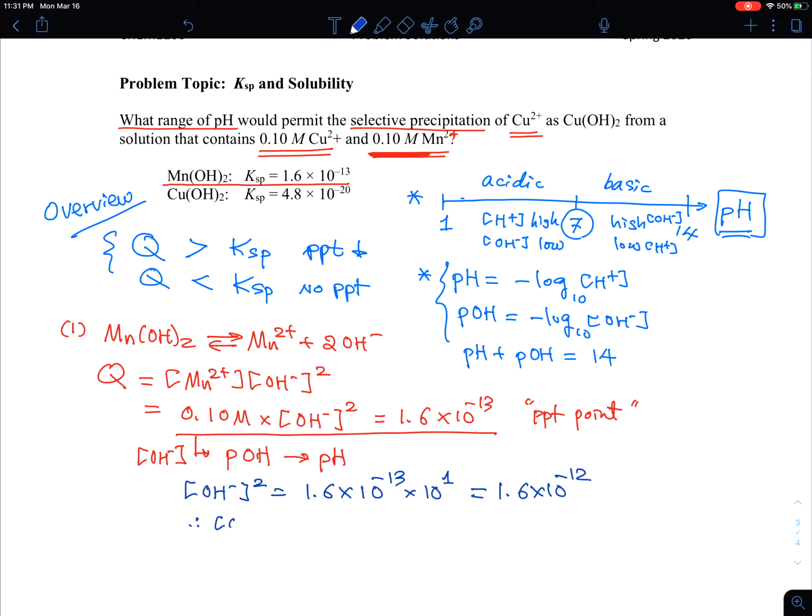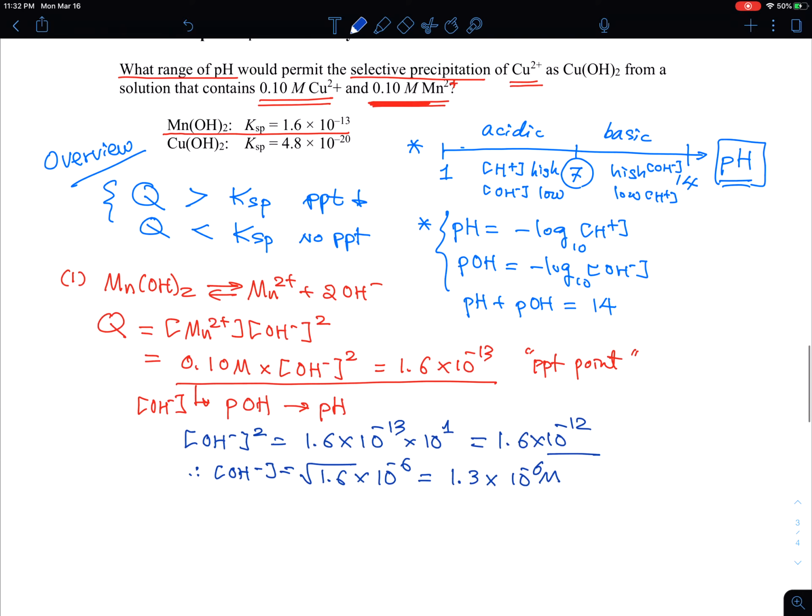Therefore OH- is the square root, 10 to the minus 6 times about 1.3, so about 1.3 times 10 to the minus 6 molar.